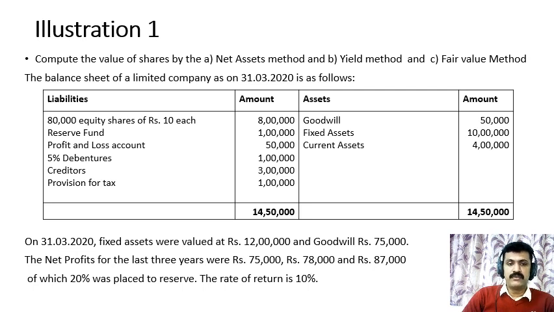Then from that we have to deduct the outside liabilities, that is liabilities due to the outsiders, and that includes 5% debentures, creditors and provision for tax. The remaining balance we can consider as net assets available for equity shareholders, as preference share capital is not given in the problem.